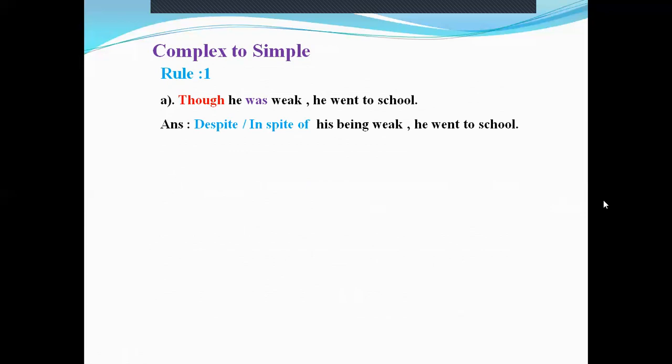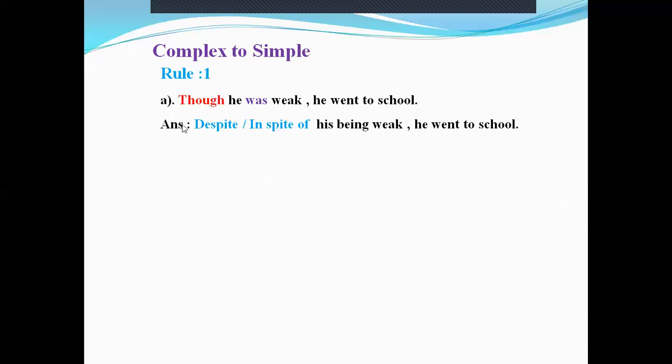If there is though in a complex sentence and you want to turn it into a simple sentence, use in spite of or despite instead of though, and use being instead of was. So the answer will be despite or in spite of his being weak, he went to school.